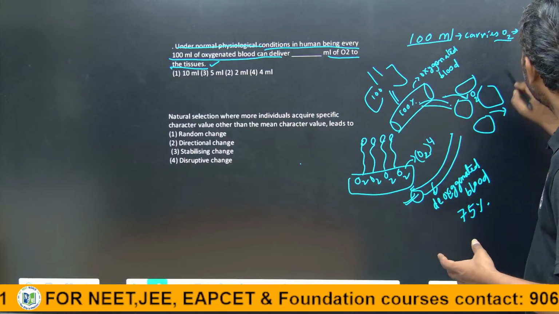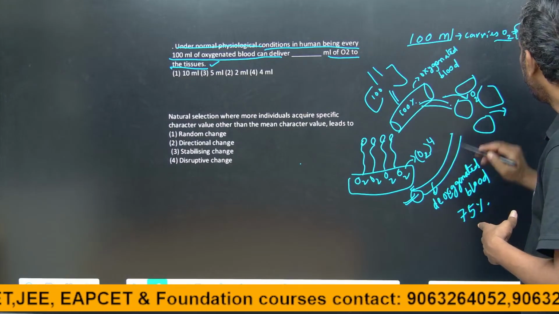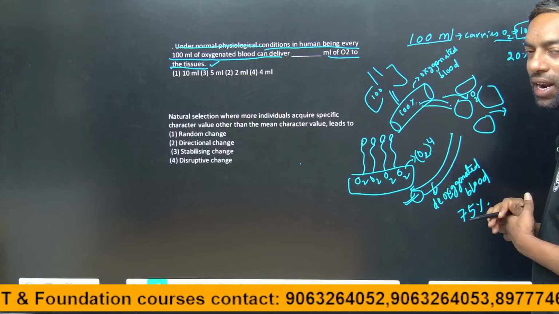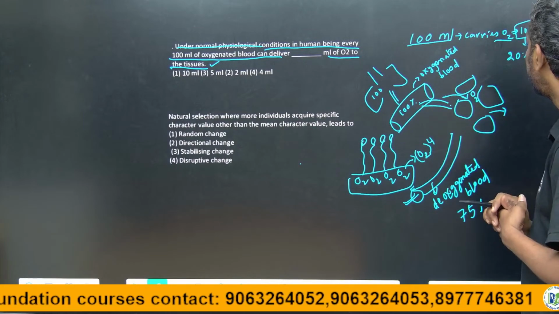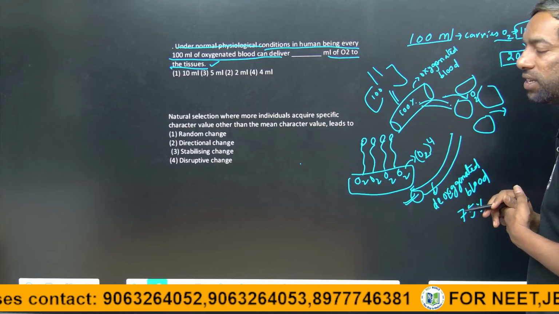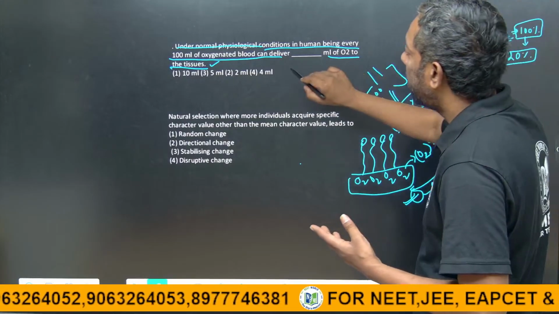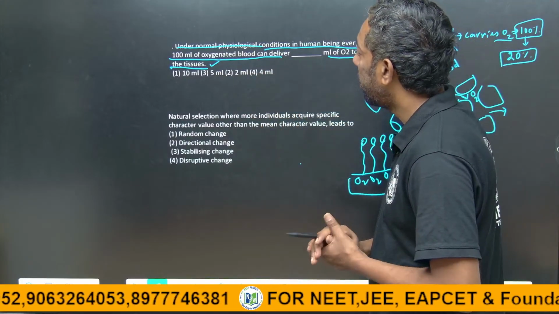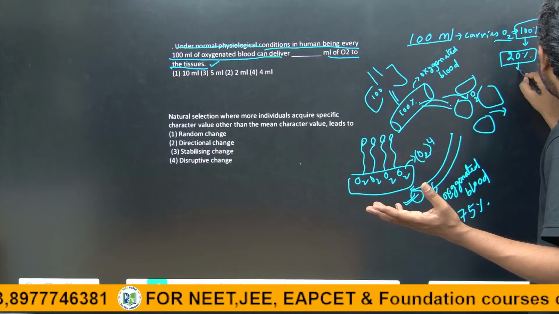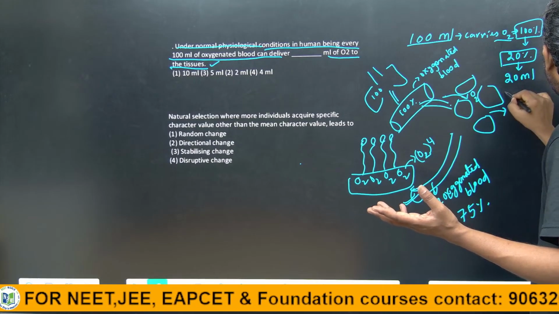So guys, here 100% oxygen means 20% oxygen, as there is 20% oxygen in the atmosphere, right? Here how much oxygen is delivered? 100 ml of blood contains 20 ml of oxygen.